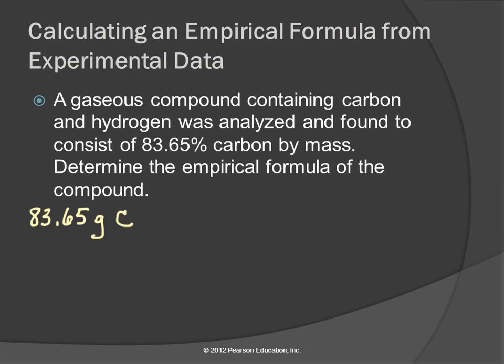We need to convert grams of carbon to moles of carbon. We learned how to do that today. We multiply by moles and we divide by grams. What's the mass of 1 mole of carbon? 12.01, right? So we've got 83.65 divided by 12.01.